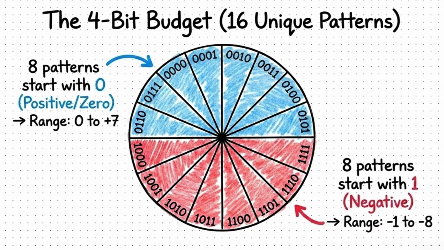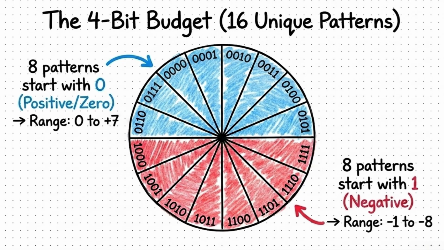On the positive side, we start counting at 0, that is 0, 0, 0, 0. Because 0 takes one of our 8 positive slots, we only have enough room to go up to plus 7, that is 0, 1, 1, 1.